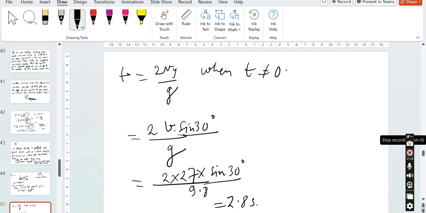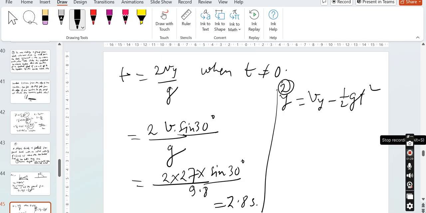What is the ball's hang time? 2.8 seconds. Now the ball's maximum height. So y will be Vy t minus half of g t square. We obtain the value of t from the same equation, but at that time, when the ball hit the ground, the y was 0.